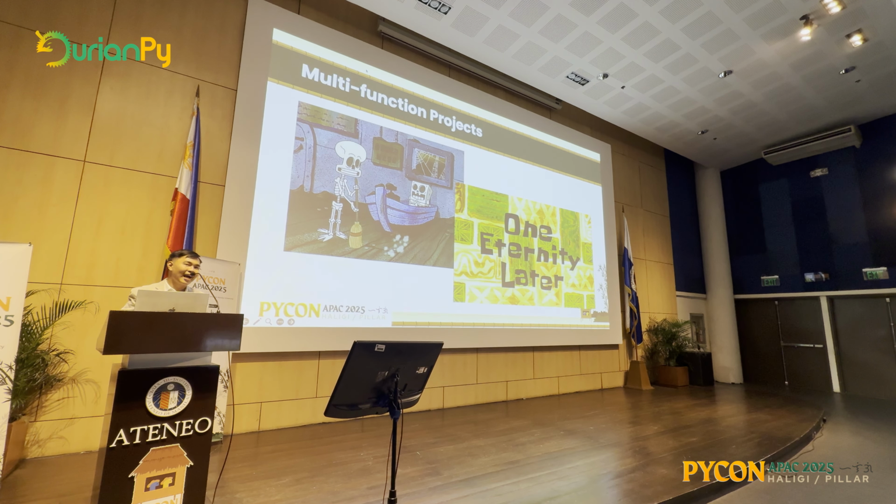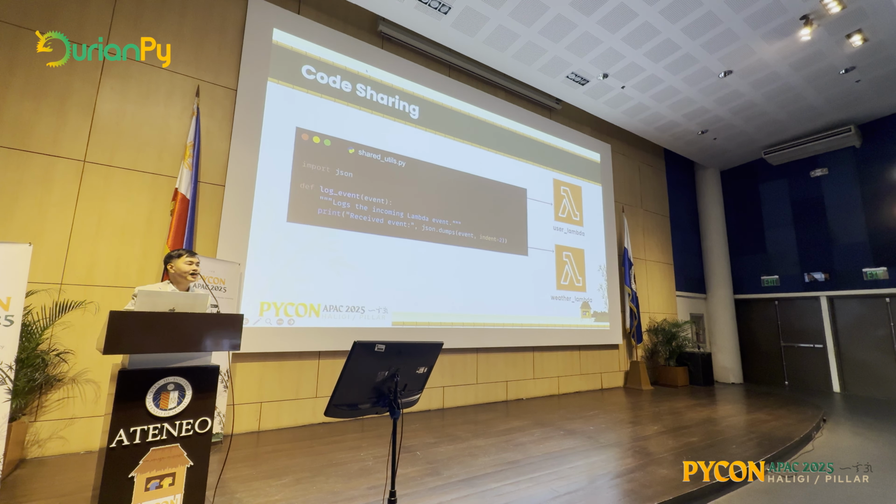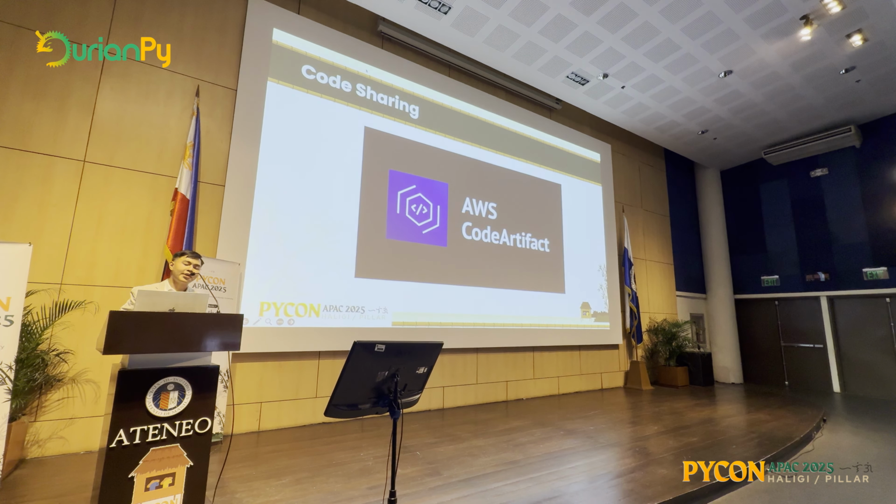So that's two of the problems. One final problem that we can encounter, a few pain points, is code sharing. Let's say, for example, that you have two Lambda functions that want to share a piece of code, just a logger, essentially. The most common best practice way to do it is upload that shared utility function into a private pip repository in, let's say, AWS CodeArtifact.